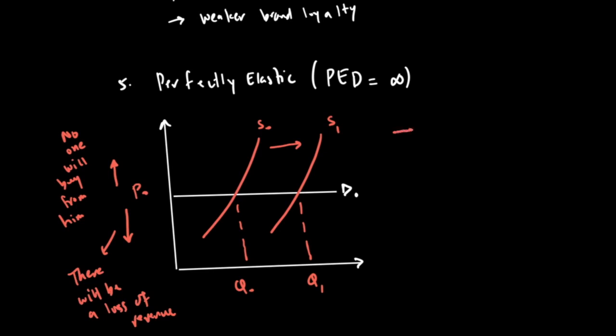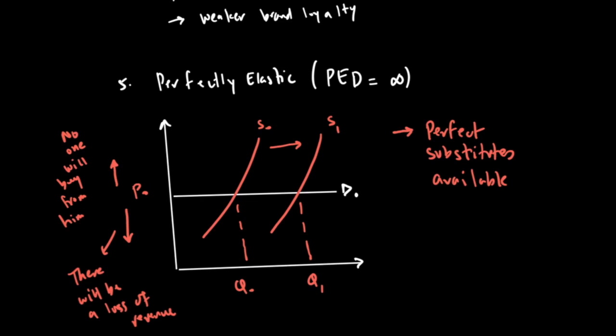This is a good where you cannot charge any price but P0, and you are in a market where there are so many firms that there are perfect substitutes available for your good. Let's say I'm selling it for $10, and my competition, which is selling an identical good, raises the price to $12.